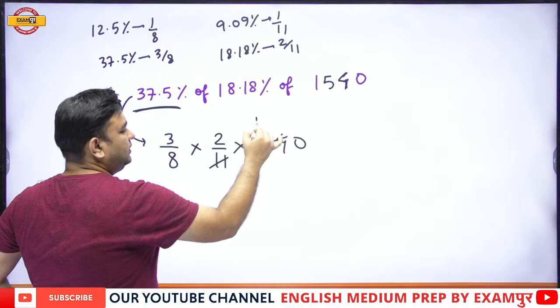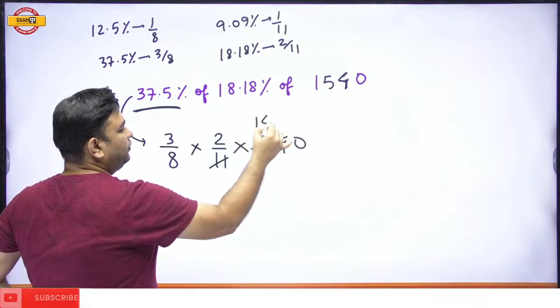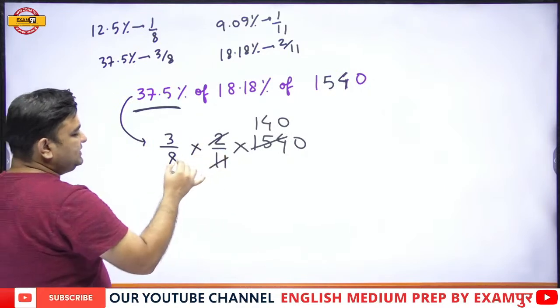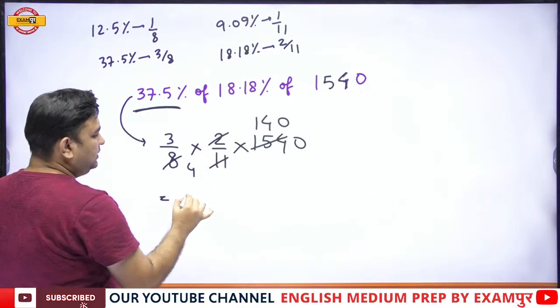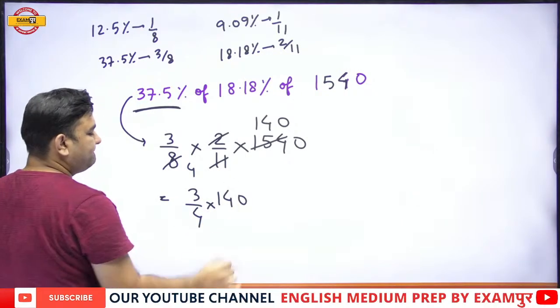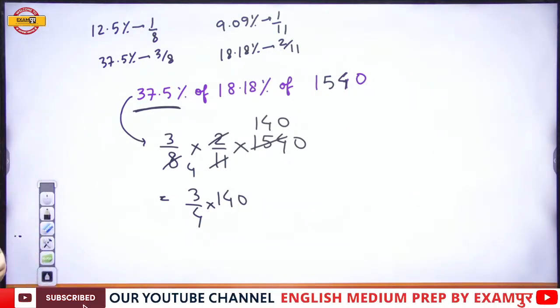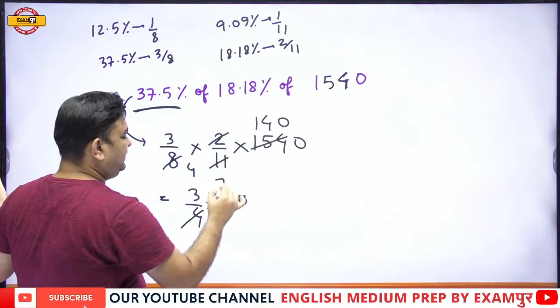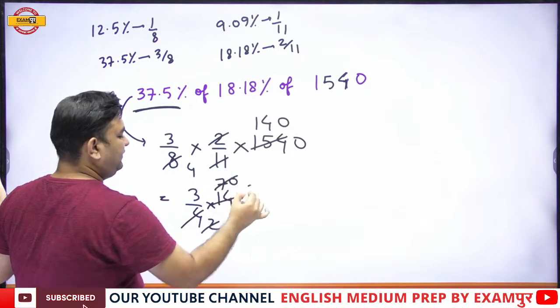Eleven 1s are 11, 44, 140. 2 cancelling out 4 times. 3 by 4 into 140, 35.